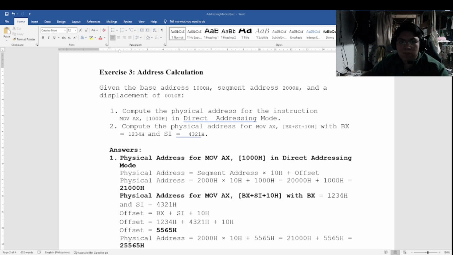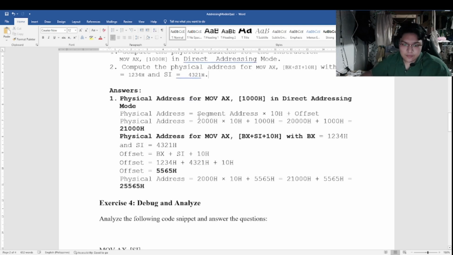So for number 1, the physical address for MOV AX, [1000H] in direct addressing mode. For the physical address formula, I have to multiply the segment address by 10H, then add the offset.